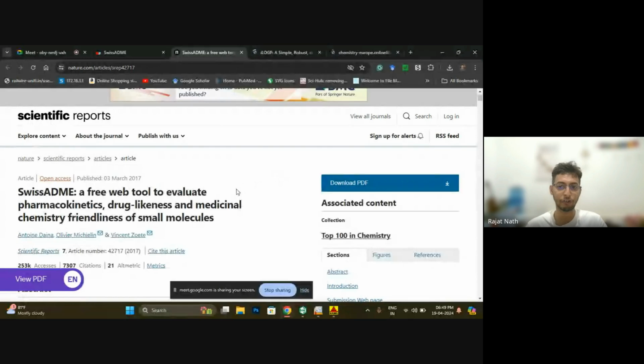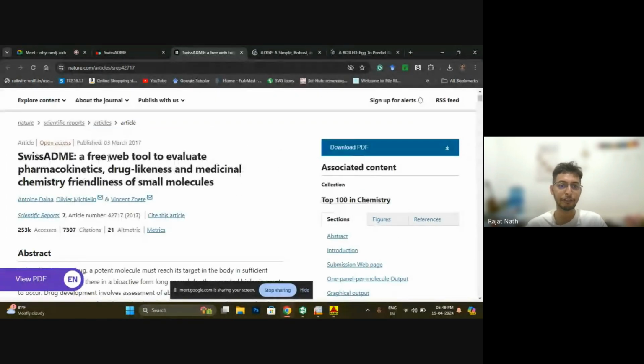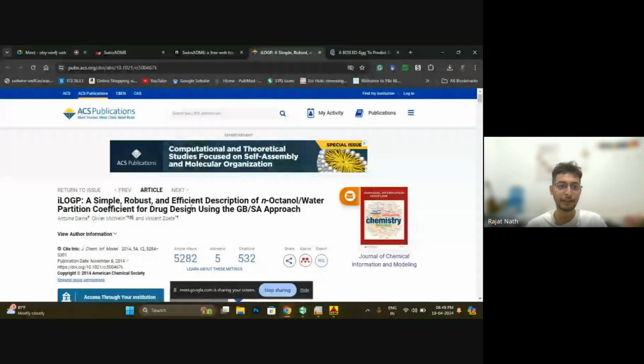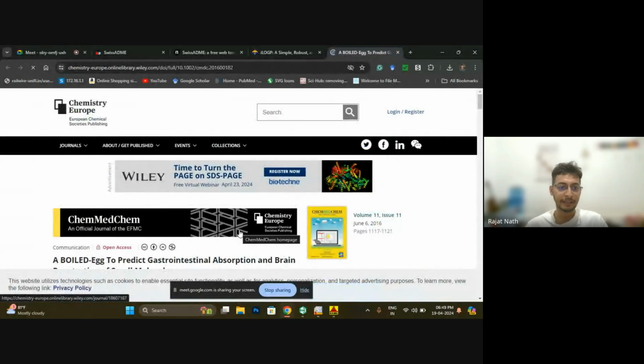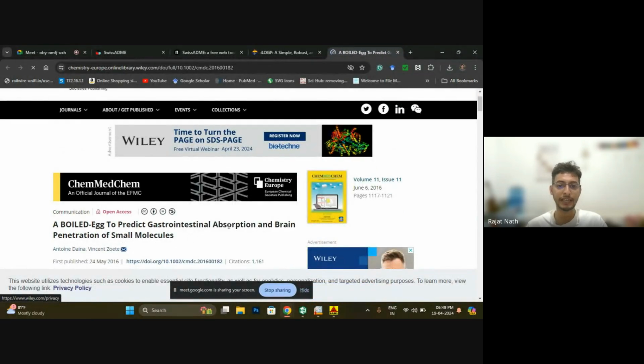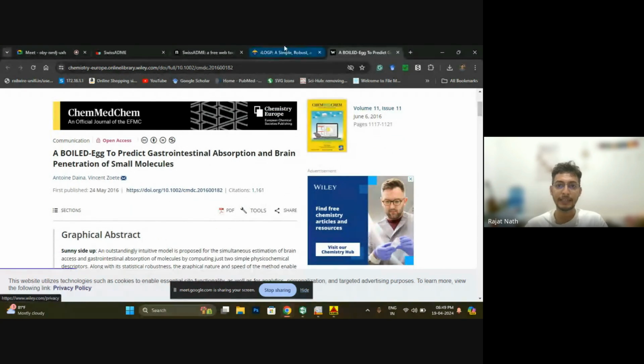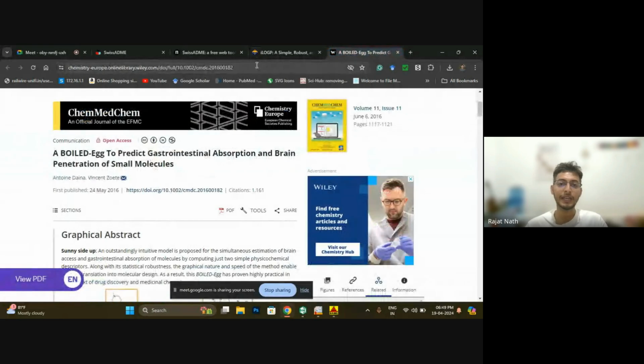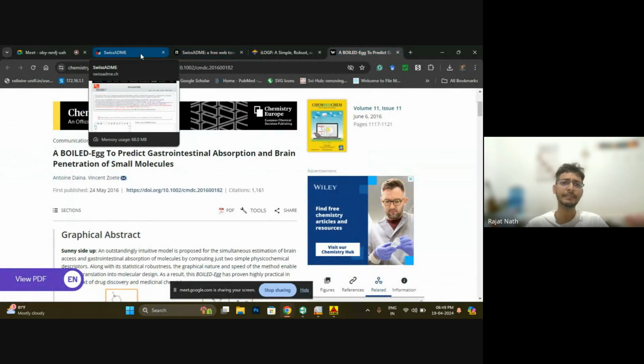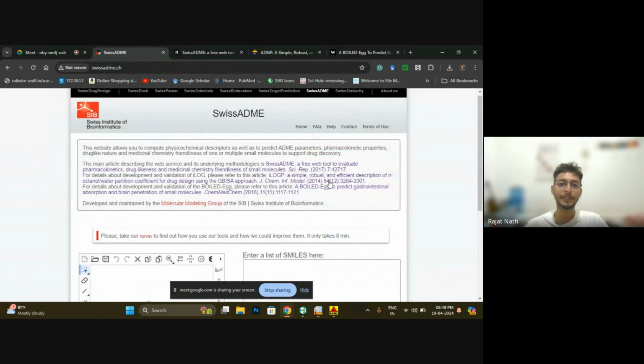One is published in Scientific Reports: Swiss ADME, a free web tool to evaluate pharmacokinetics, drug-likeness, and medicinal chemistry friendliness of small molecules. Another publication is iLOGP, a simple, robust, and efficient description of the n-octanol/water partition coefficient for drug design using the GB/SA approach. And the third paper is the BOILED-Egg, to predict gastrointestinal absorption and brain penetration of small molecules. If you study these three papers, you can easily analyze the results retrieved from this website.